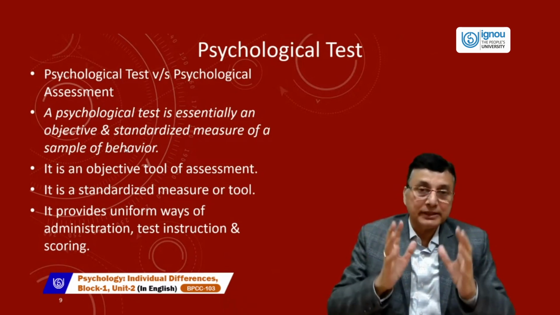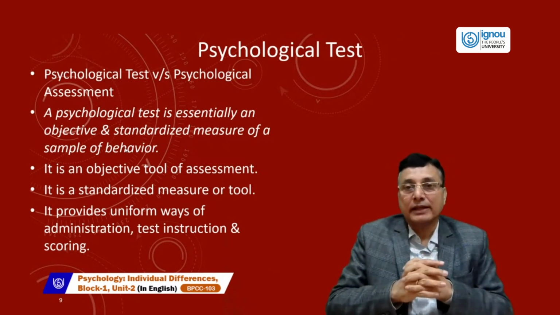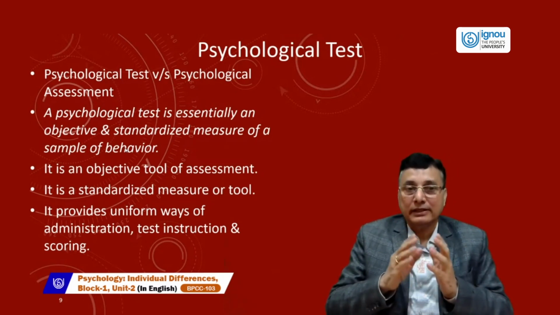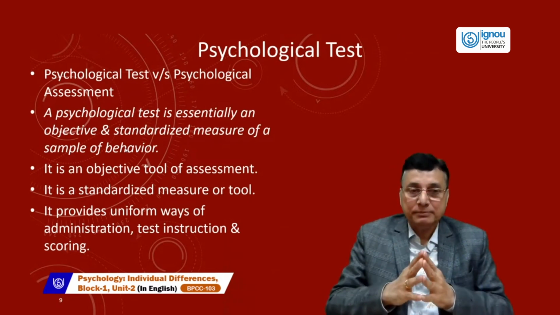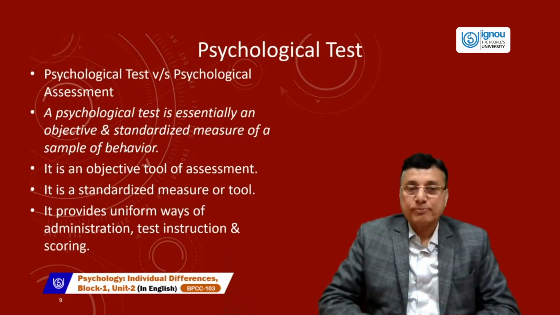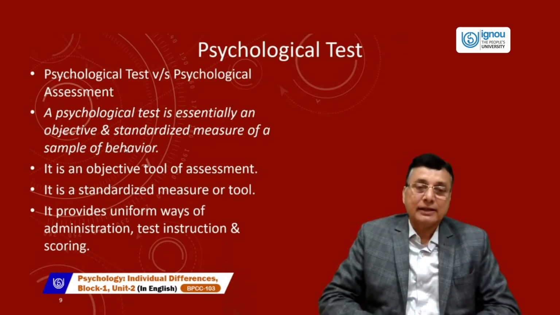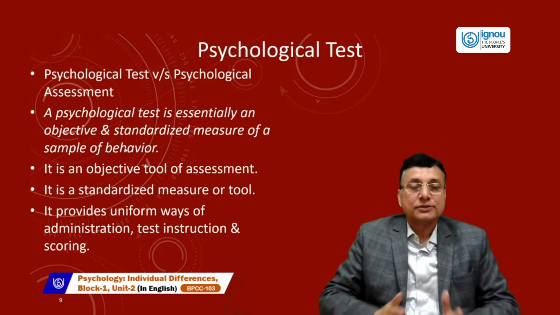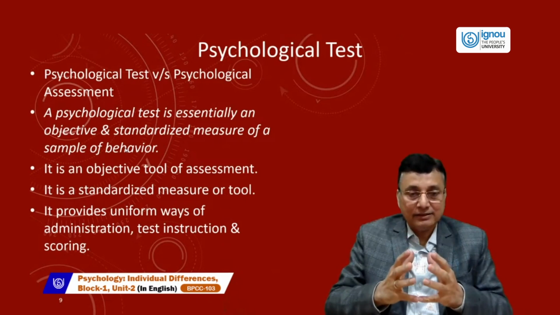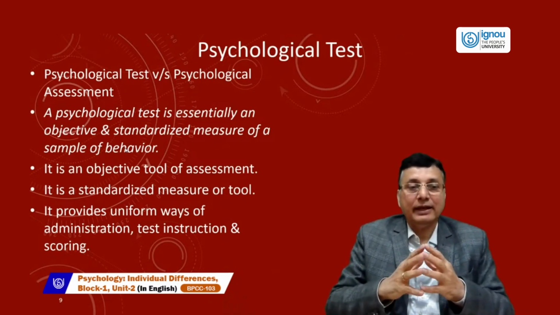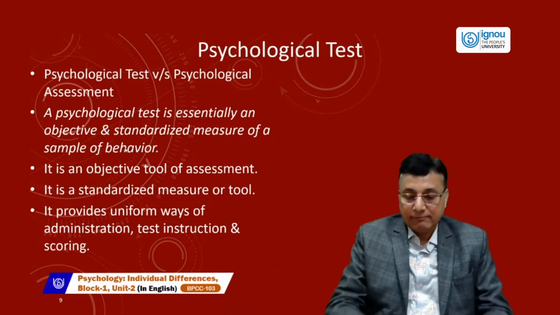All these things come under psychological assessment. Under psychological test, there are all the reliable and standardized tools, for example, MMPI, Beck Depression Inventory, 16 Personality Factor Questionnaire, State-Trait Anxiety Inventory. So all these inventories, questionnaires, and scales are reliable and standardized.